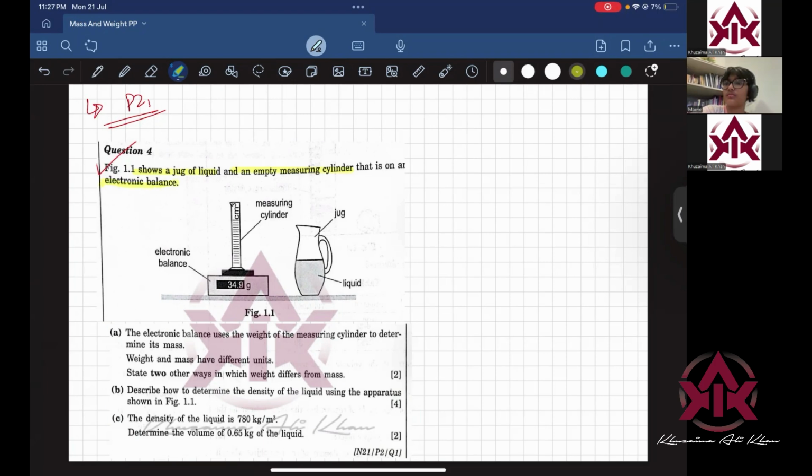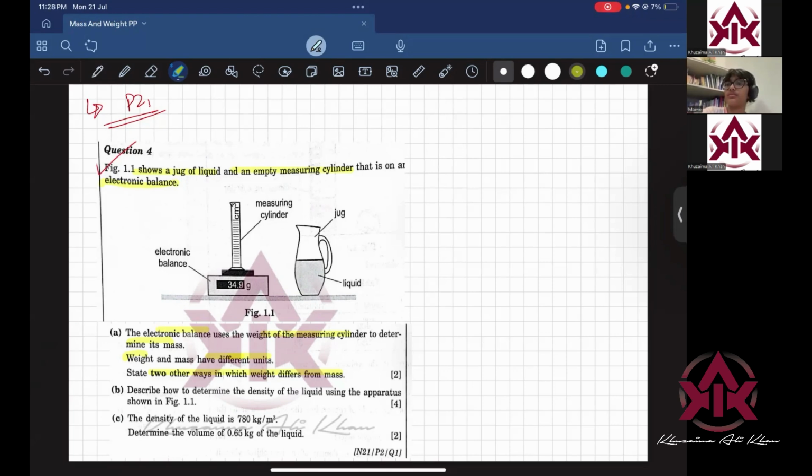The electronic balance uses the weight of the measuring cylinder to determine its mass. Weight and mass are different units. State two other ways in which weight differs from mass. What two other ways are there in which mass and weight are different? The weight depends on the gravity pull and it's also a vector quantity.